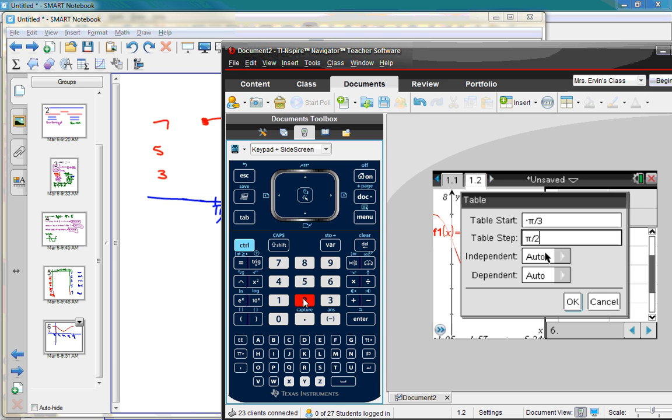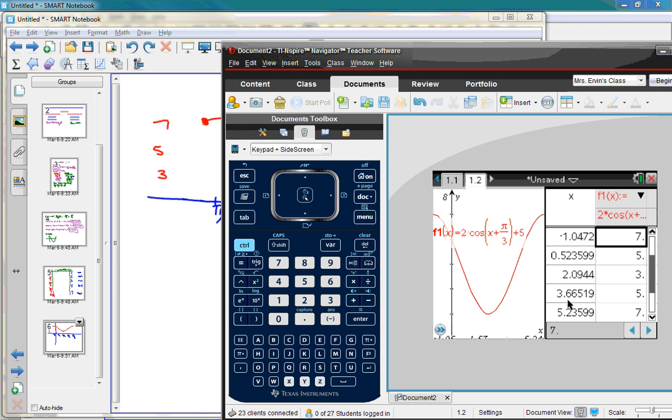Do we see that? And hit OK. Go to Menu, Table, Table Settings. You're starting at negative pi over 3, and you're going by increments of pi over 2. And you can check your lovely little XY table to make sure that you are accurate.